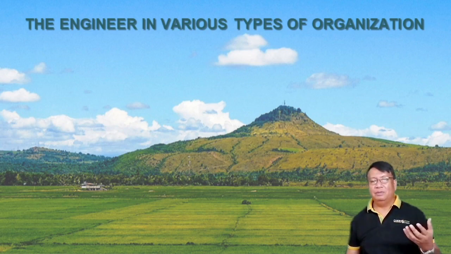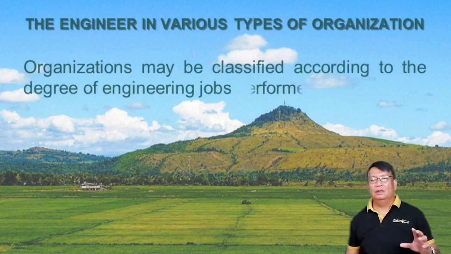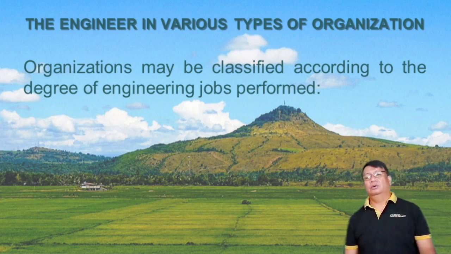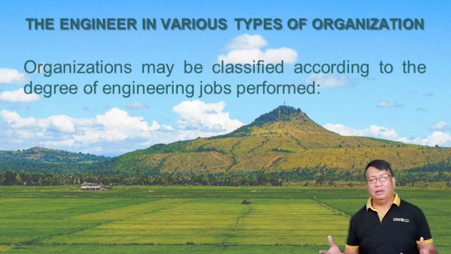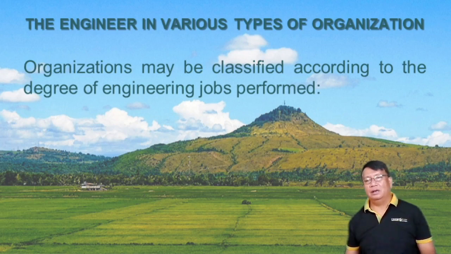We have several types of organizations in a company. Organizations are classified according to the degree of engineering jobs: how big, how important, what is the authority, the responsibility, the accountability of an engineer.